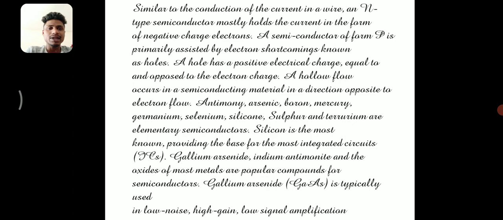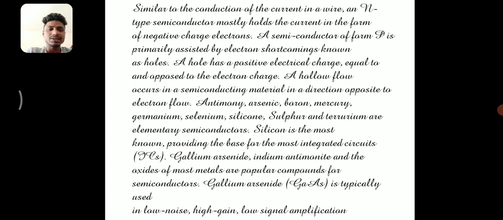Antimony, arsenic, boron, germanium, selenium, silicon, sulfur, and tellurium are elementary semiconductors. Silicon is the best known, providing the base for most integrated circuits. Gallium arsenide, indium antimonide, and the oxides of most metals are popular compound semiconductors.